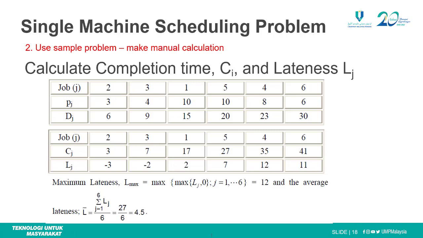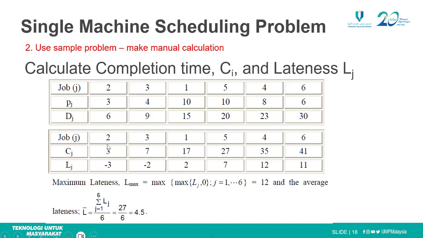Then LJ is the lateness. Lateness means the completion time, CJ, minus DJ, the due date. So 3 minus 6 is equal to minus 3. So the lateness here is minus 3, meaning this job has been completed 3 hours earlier than the due date.